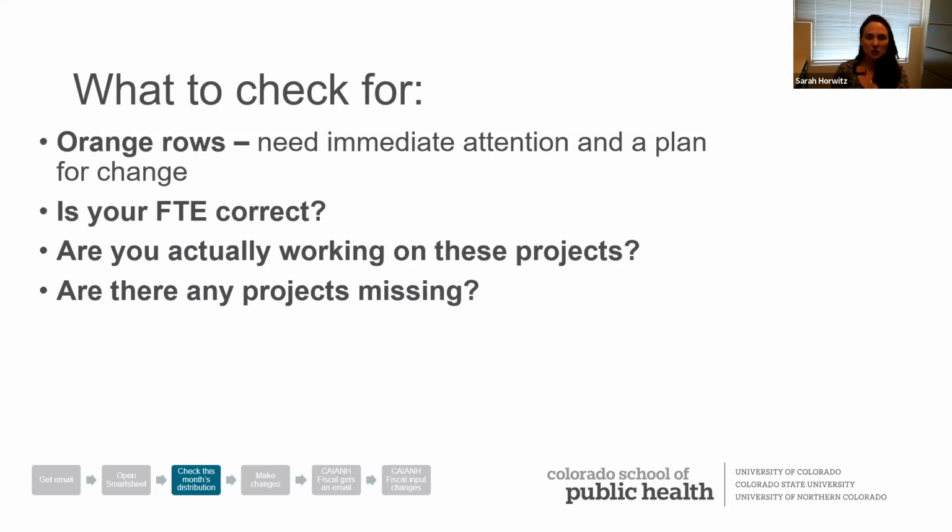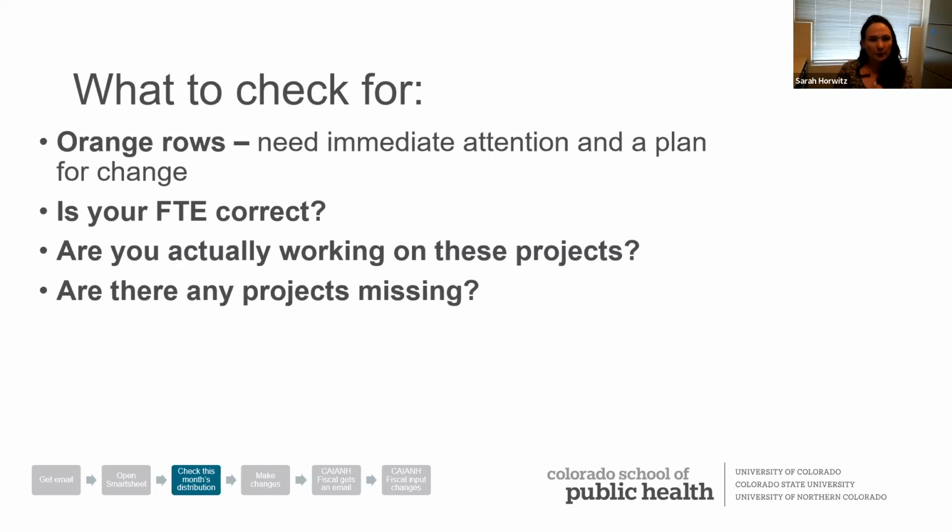And then you want to double check that your FTE at the top of the spreadsheet is adding up correctly. If you're working full time, it should be adding up to 100%. If you're working 50%, it should be adding up to 50%. Or if it's over, that means there's something that needs to change there.